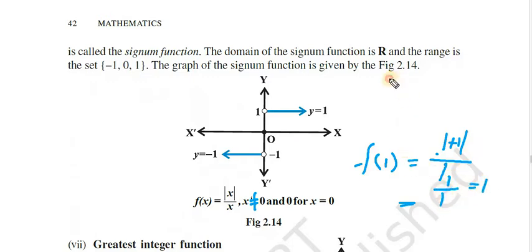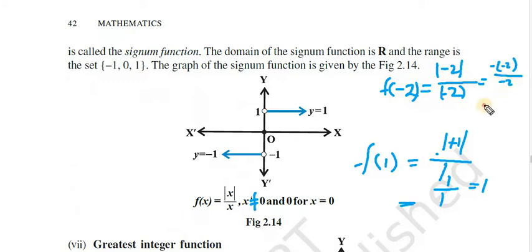Now if you find the function value of, for example, f(minus 2), if I have to find the signum function of that, this will be absolute value of minus 2 divided by minus 2. Absolute value of minus 2 is minus of minus 2, which is 2, and this is divided by minus 2, so you cancel it and you will get minus 1.